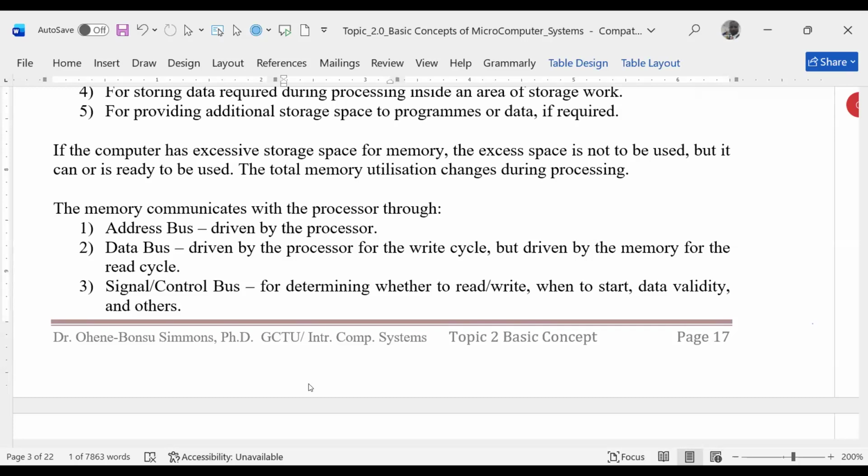So before you can move from one town to another, you pass through a road, a lane, a bus. In our field, before the processor and memory can communicate, they talk through what is called a bus. The bus is the path that links various devices together.